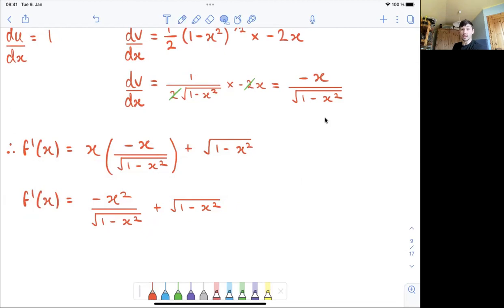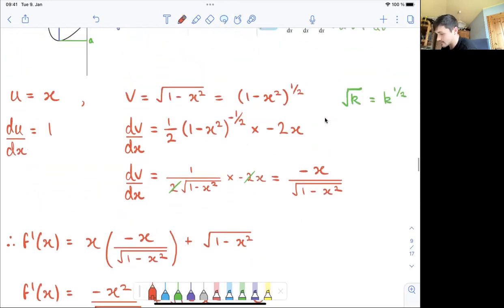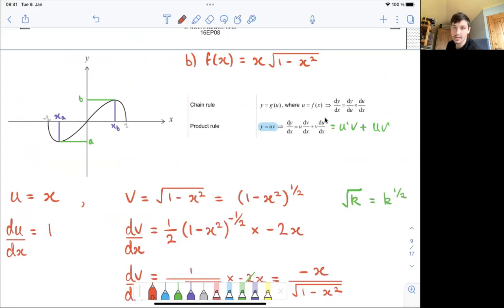Then we're going to have to find the x values that make this equal to 0. Those x values will be xa and xb, as shown in our little diagram up here.